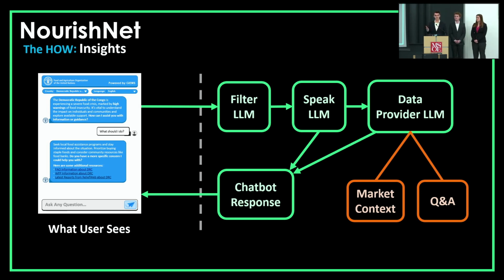And then this is passed to the speak LLM, which is that friendly conversation piece I mentioned previously, and then there's the optional data provider LLM, where again, it could be a set response to a frequently asked question, some article in order to cite its source, or even a crisis video to showcase warnings, so that the user could even do further research to back the credibility of the model. These are all combined then into a final chat response, sent back to the interface.